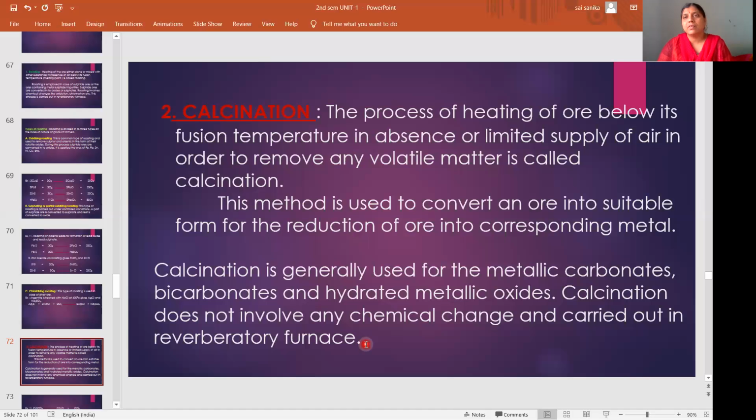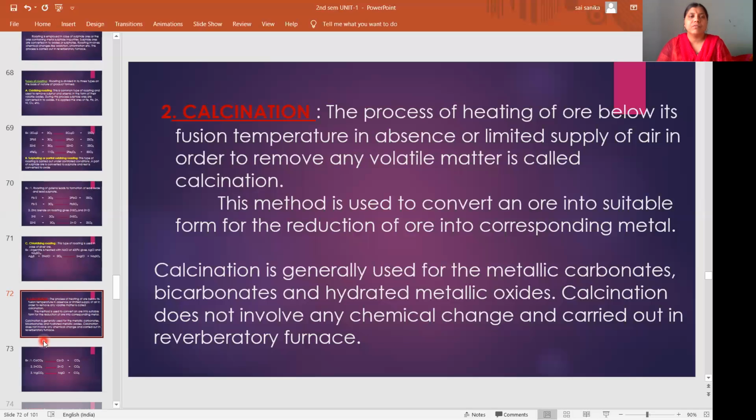In calcination, we heat the ore in the absence of air or in a limited supply of air. Why do we do calcination? To remove any volatile impurity present in the ore. It is generally used for carbonates, bicarbonates and hydrated metallic oxides, and is also carried out in a reverberatory furnace.